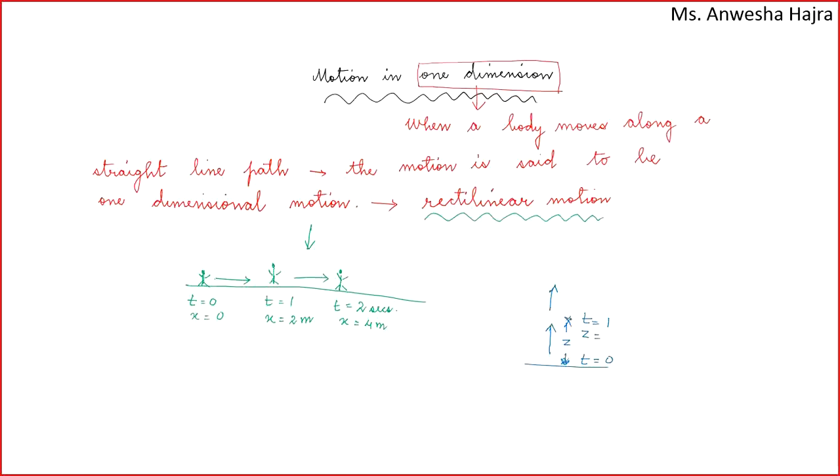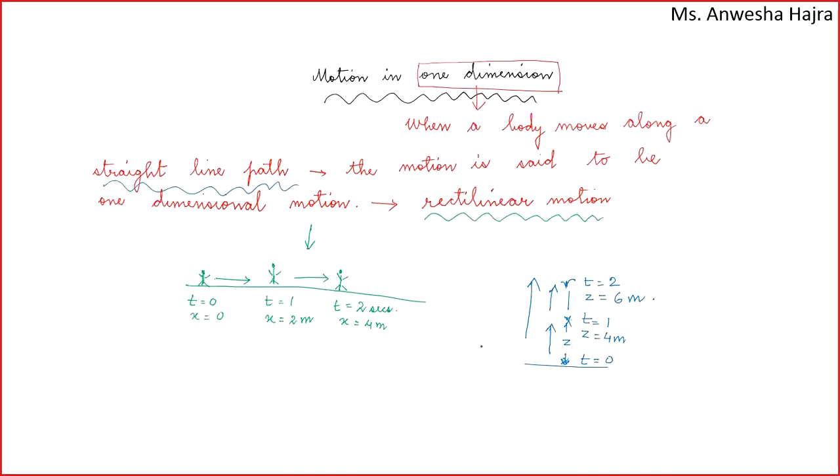The mosquito comes over here, so z is 4 meter. Then the mosquito goes over here at t equal to 2 seconds. z is 6 meter. So it's going up. So only one coordinate is changing. When one coordinate is changing, automatically it moves along a straight line path, and that is motion in one dimension.